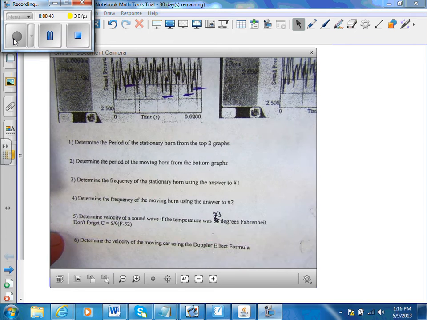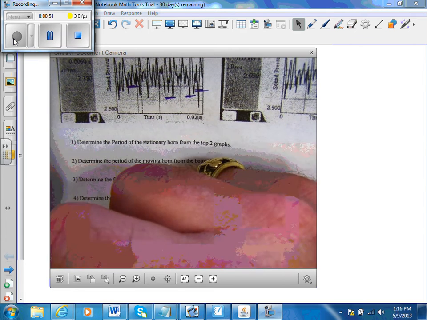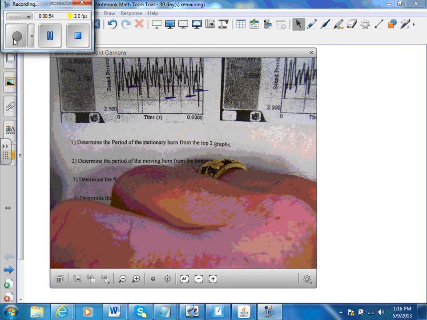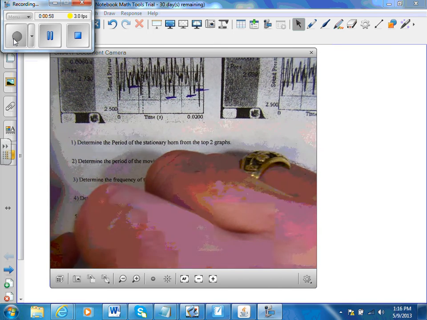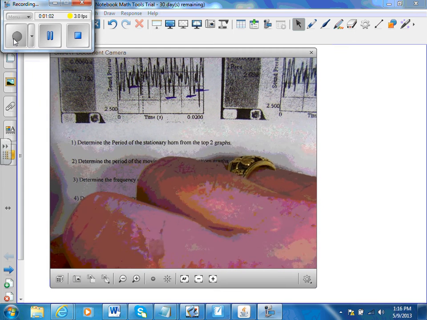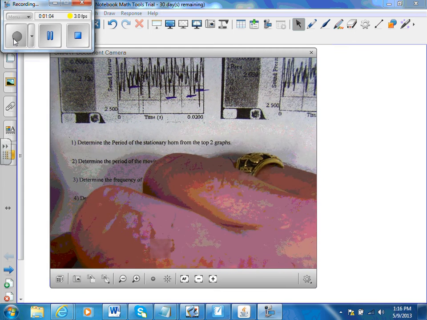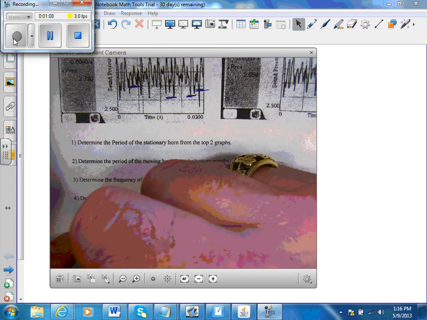So if you use that formula that we used the other day to figure out the speed of sound, it's 331 times the square root of the temperature in Kelvin, so 273 plus 23 degrees, all over 273.